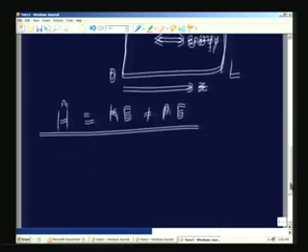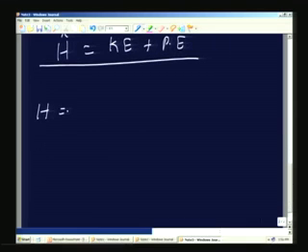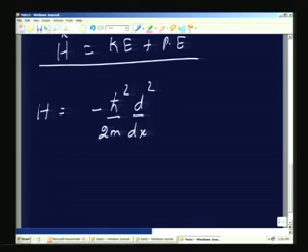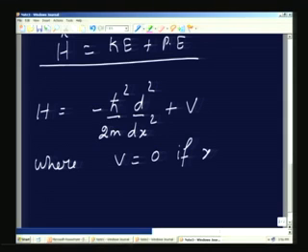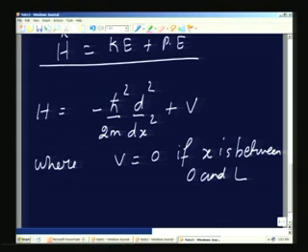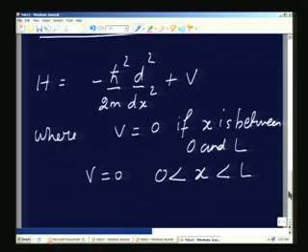The model for this, the Hamiltonian, is given by the equation minus h bar square by 2m d square by dx square plus V, where V is 0 for x between 0 and L, and V is infinity otherwise.